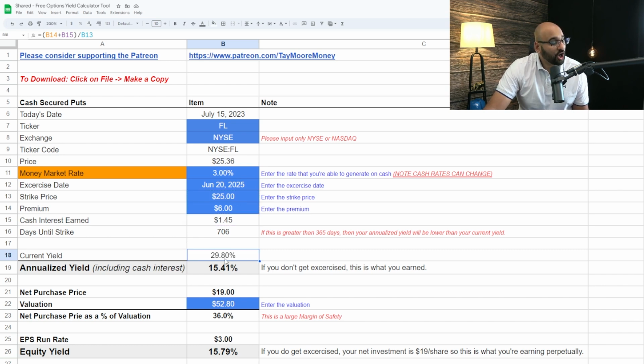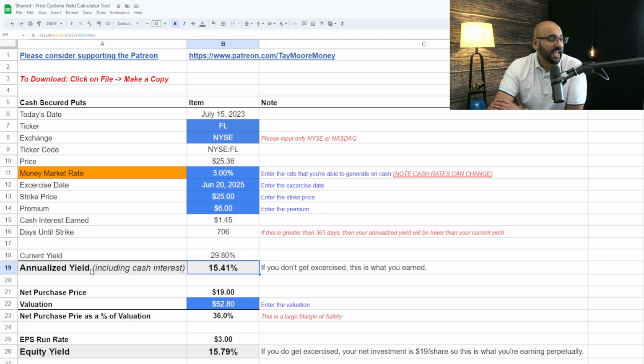And so on a current yield basis, you made 30%, because you're getting $6 on day one, but throughout the life of the option, you're also making $1.45. So that's $29.80. Now, current yield is not really a good term, because half of it is current, the other half is being earned throughout the life of the option. So this is actually not a good term, and it doesn't really matter anyways, because we're going to annualize the whole thing anyways.